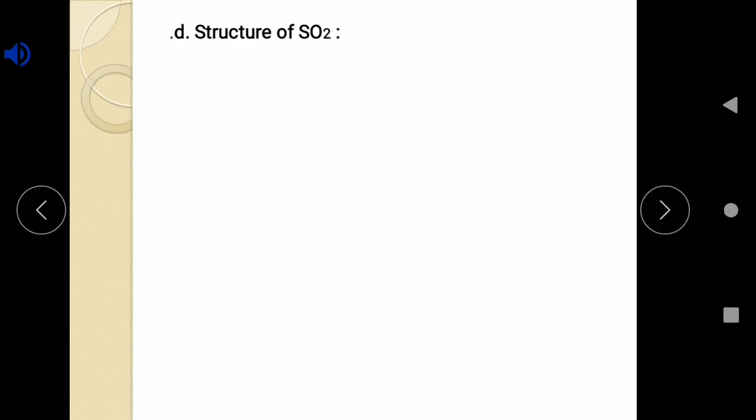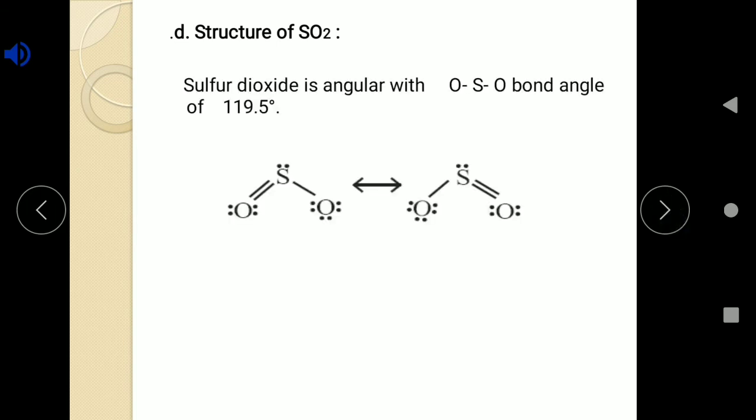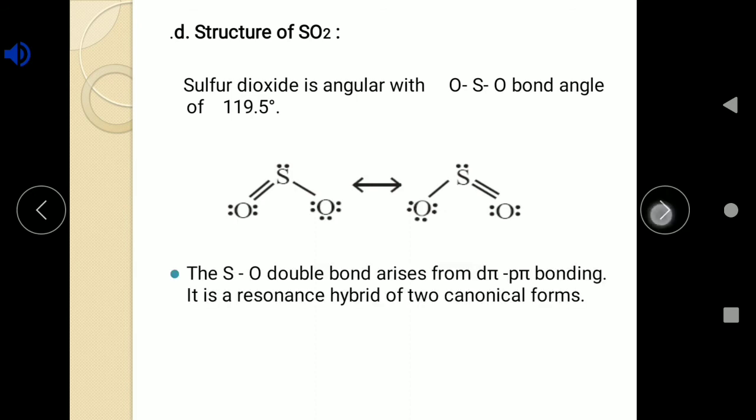Now we will see the structure of sulfur dioxide. The structure of sulfur dioxide is like this. It is again an angular molecule with a bond angle of 119.5 degrees. The S=O double bond, again, is not fixed. It can shift from here to there.